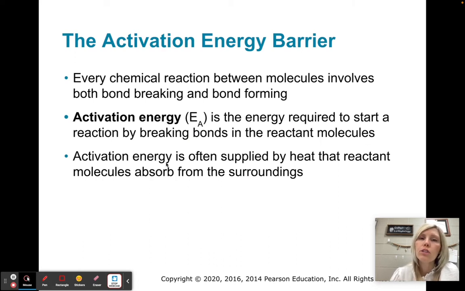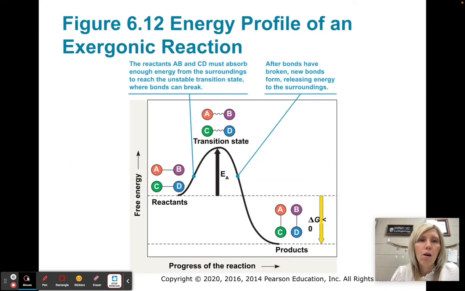And then activation energy sometimes is supplied by the surrounding heat within an organism, but heat isn't always the best source of energy in order for those bonds to break, because too much heat can denature a protein and cause a shape change where that active site isn't shaped properly for the substrate to fit in it. So enzymes are a more efficient way for that reaction to be sped up by lowering the activation energy needed.